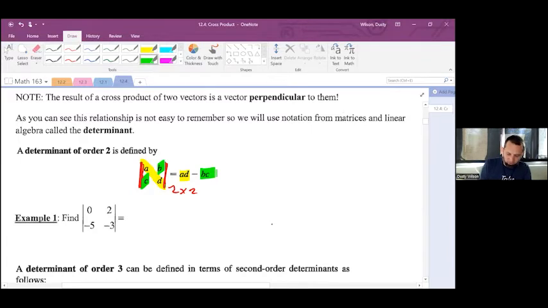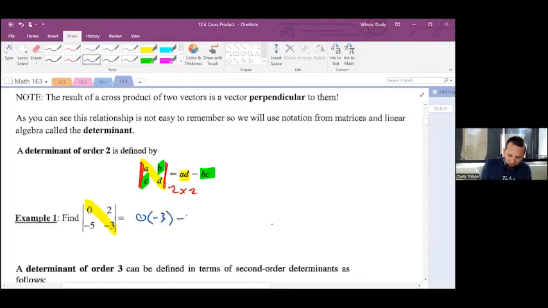So let's do an example of this. Example 1. Find the determinant of the matrix 0, 2, -5, -3. To do this, we're going to multiply the diagonal entries, and we get 0 times -3.